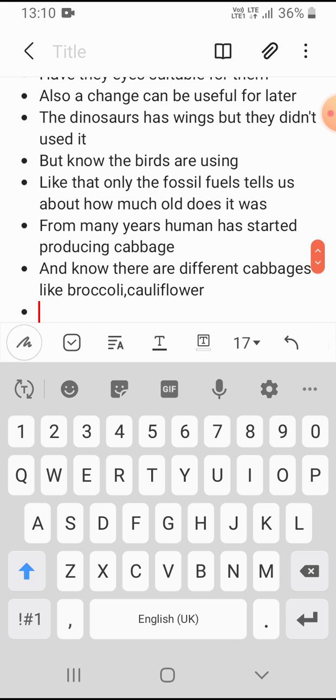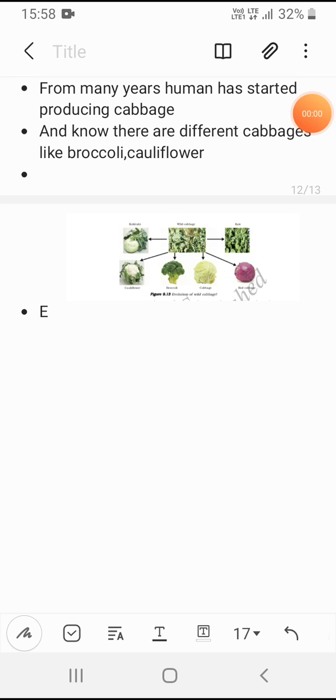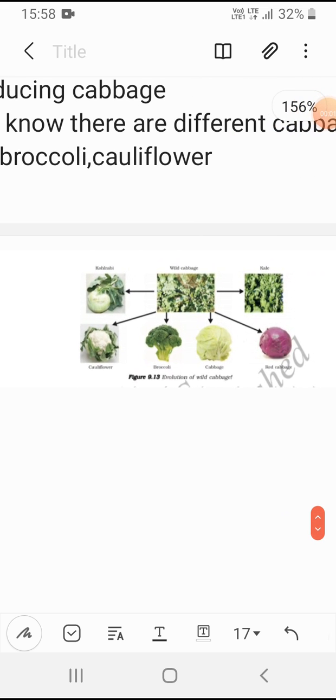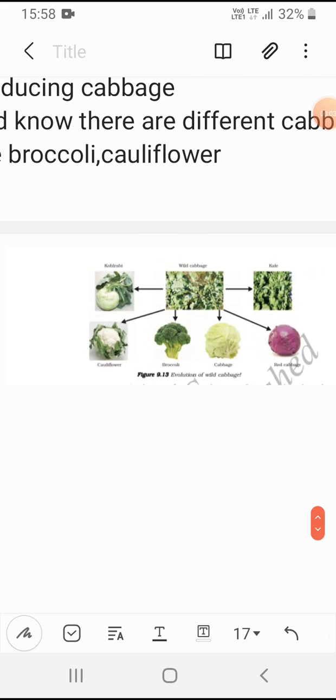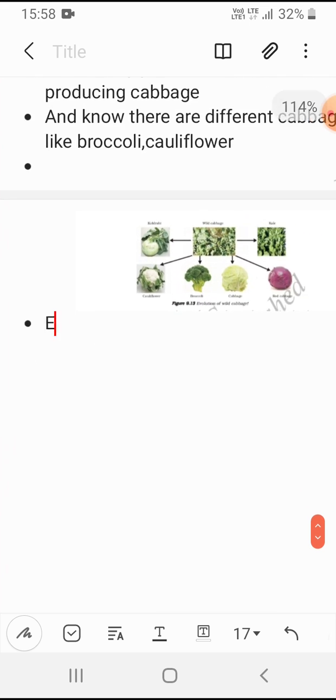At that time there was only one cabbage, but now broccoli and cauliflower also belong to the cabbage species. These are the different types that evolved from wild cabbage. So let's come to the next topic.